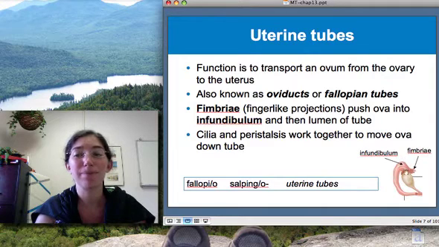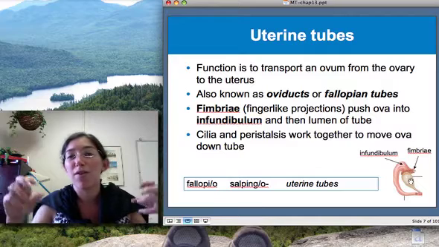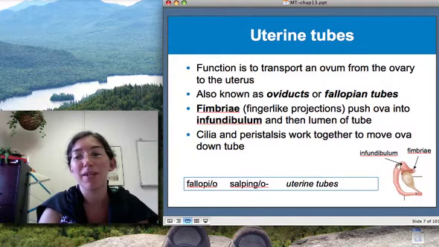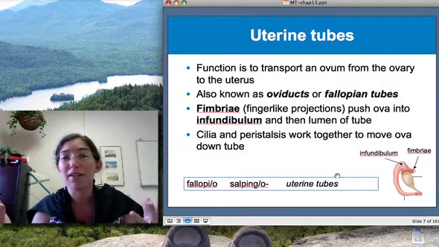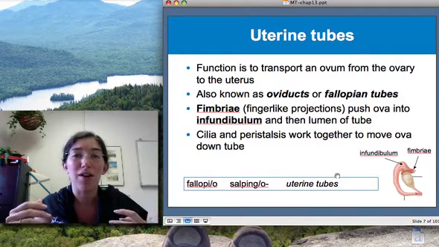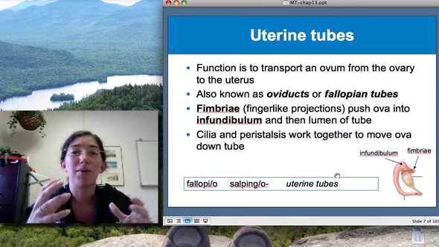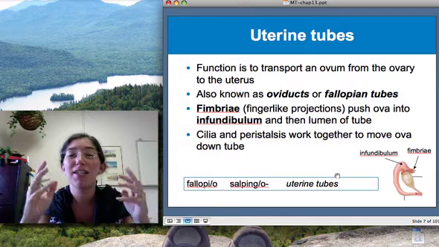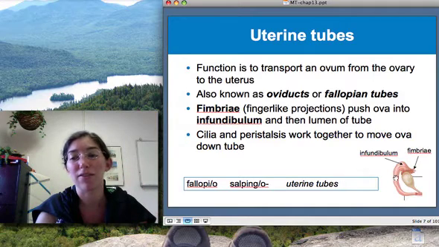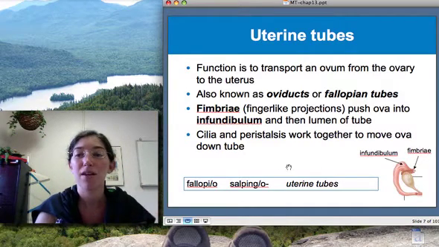So the fimbriae help scoop the ovum into the infundibulum, and then it continues to travel down the lumen of the uterine tube until it reaches the uterus. Peristalsis and cilia are both things that help that ovum to move along, both the muscular contractions and these little teeny tiny finger-like projections of cells inside the lumen.